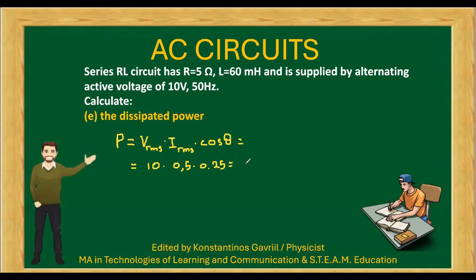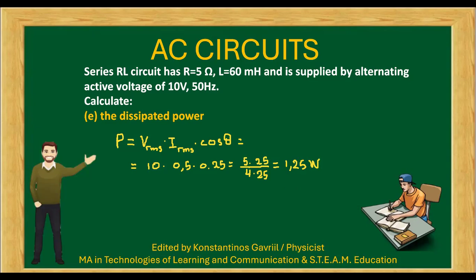So we get 1.25 watts. This is the dissipated power, the P.